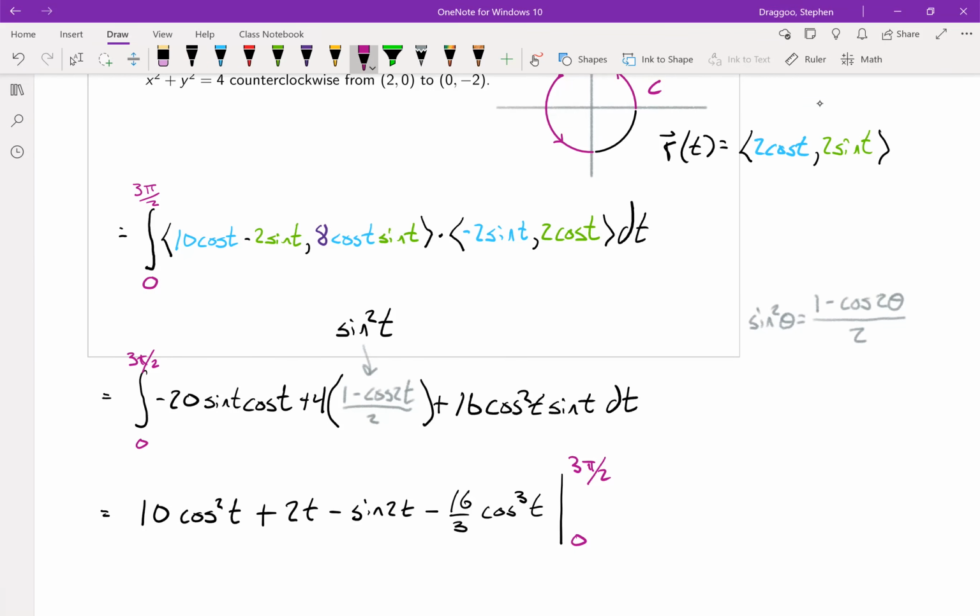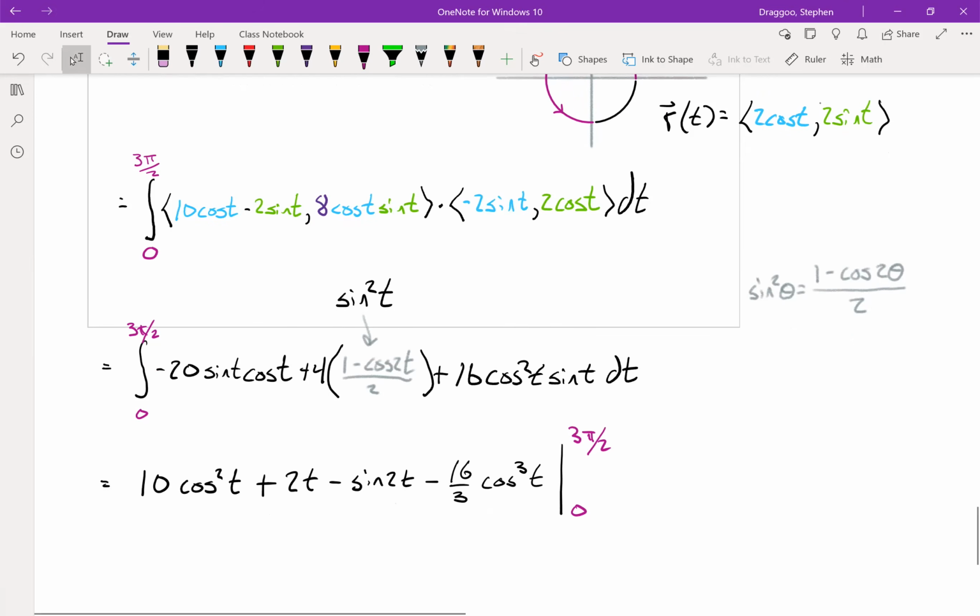Now at 3 pi over 2, sine is negative 1, but cosine is 0, which means that our first and fourth terms will both be 0. And if we plug in 3 pi over 2 into that sine of 2t, that'll ultimately end up being the sine of 3 pi.